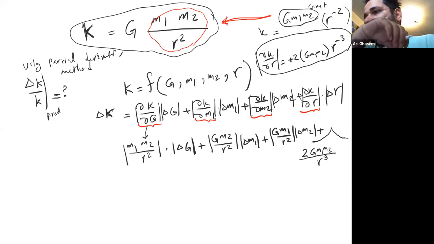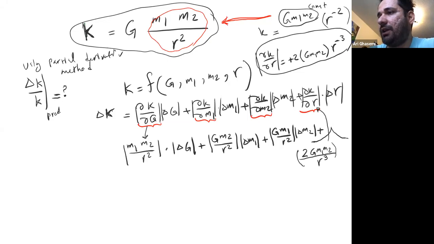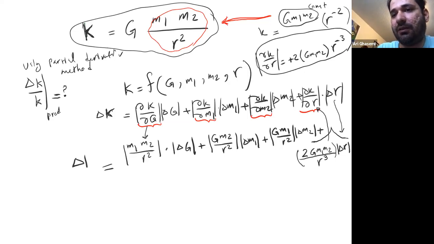So 2 G M1 M2 over R cubed. That is simply this derivative. Don't forget, we'll have a delta R inside absolute value from here. So this thing is just the top, delta K.